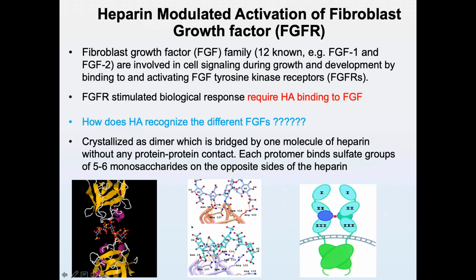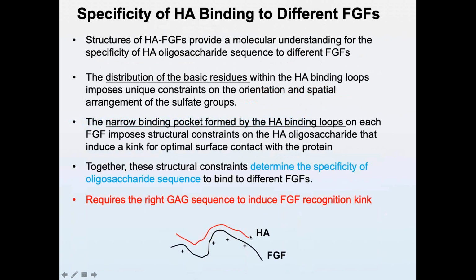And the answer is due to the fact that all these growth factors have slightly different loops, and also slightly different binding sites. So when the heparins come in, they all induce different kinks, and as a result, they are able to recognize the different growth factors.